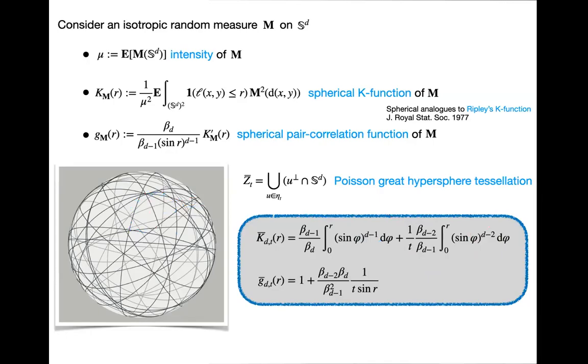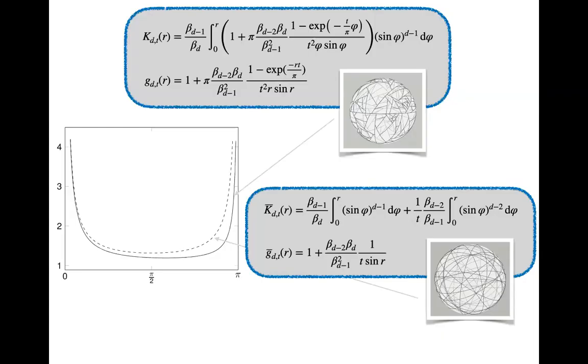And now we come to the conclusion. We wanted to distinguish between our splitting tessellation and the Poisson great hypersphere tessellation, right? Their first order properties were the same. What we would like to do is introduce a simple characteristic that allows us to distinguish between these two objects.